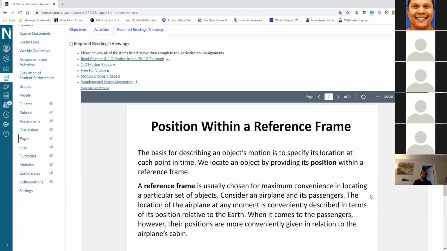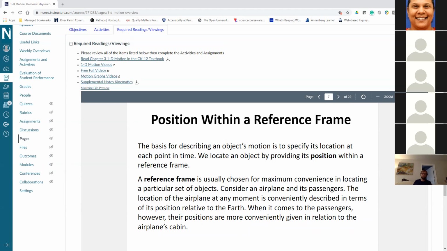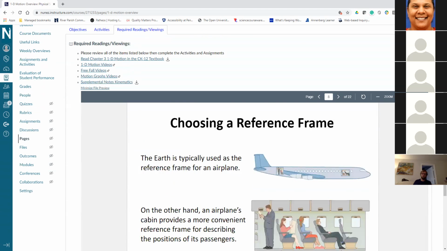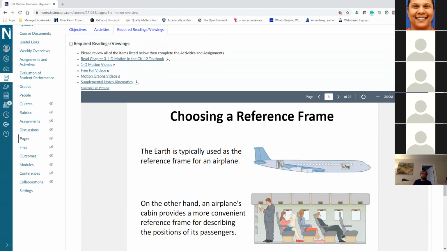Okay. So I like the picture that they give here, because what we want to do is we want to choose our reference frame or reference point for convenience, right? And so, for example, they said the Earth is typically used as the reference frame for an airplane. So if you're standing on the ground on Earth, looking up at the plane, you'll say it's moving.